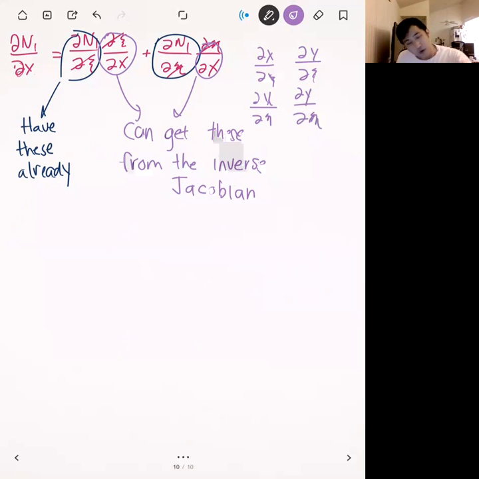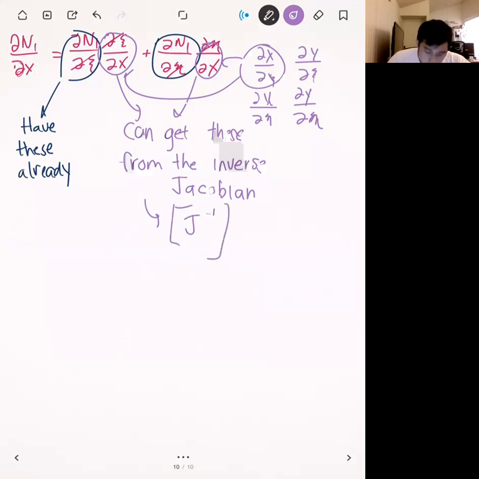If we turn our head upside down, we can see that these terms look like what we need from here, except they're flipped upside down. In order to flip these, we need to take the inverse of our Jacobian, and that's where we get our J minus 1.